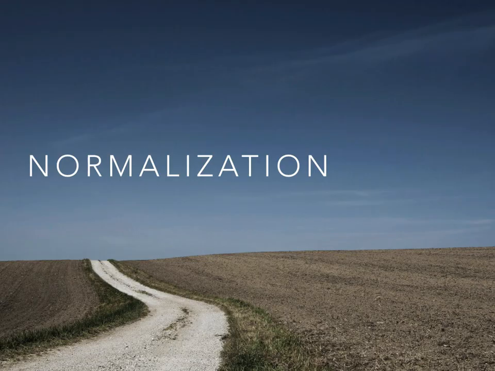So let's sum this up. We learned all about normalization. We saw how we can take a relation and move it into BCNF by progressively enhancing it through 2NF, 3NF, BCNF, creating more tables.